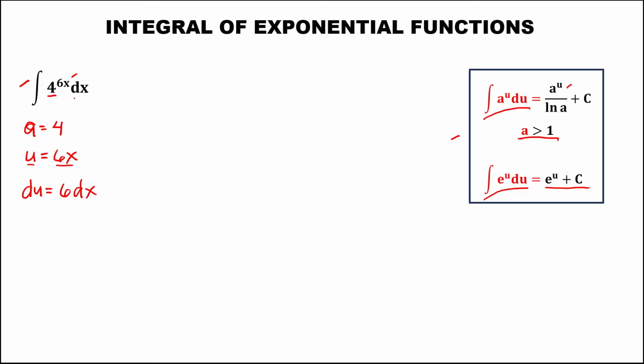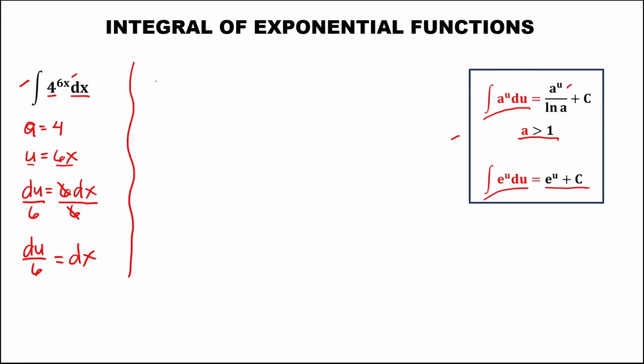Since there is dx, to solve for dx we need to divide both sides by 6. So we have du over 6 equals dx.